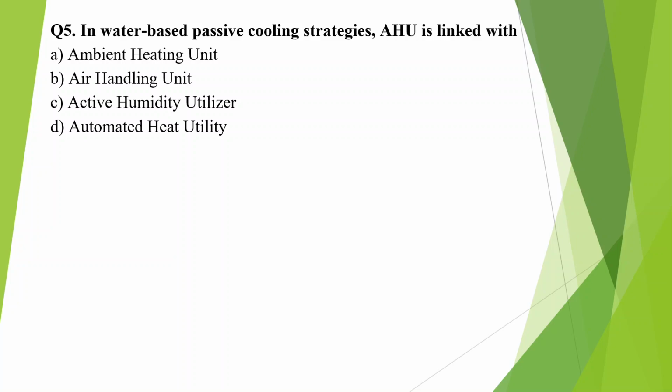Try to answer this question then. In water-based passive cooling strategies, AHU is linked with, so AHU refers to, you can basically understand in passive cooling strategy, ambient heating unit, air handling unit, active humidity utilizer, or automated heat utility.